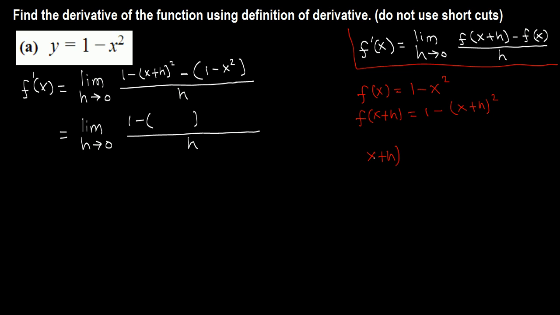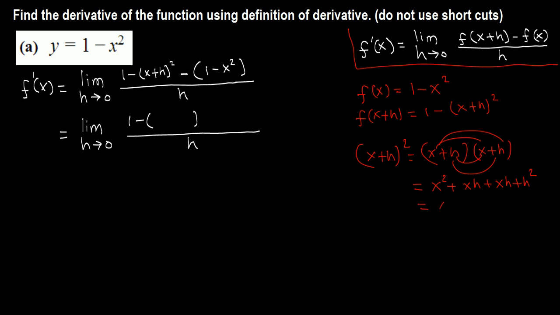x plus h quantity squared means multiply x plus h by itself. Now you just FOIL or distribute, you get x squared plus xh plus xh plus h squared, which is x squared plus 2xh plus h squared.